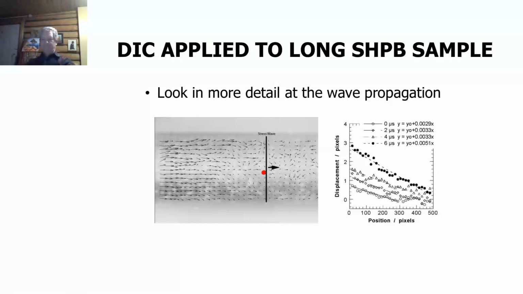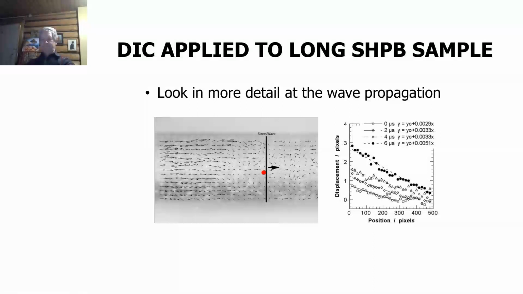Okay. And another question, did you do high-speed temperature measurements with, for example, nitrogen-cooled photo detectors or something like that? We used a thermal imaging camera to look at the temperature rise within the surface of the sample, and we found that it was of the order of a few degrees, 3 or 4 degrees, in the split Hopkinson pressure bar.